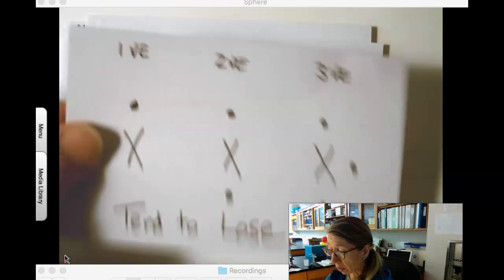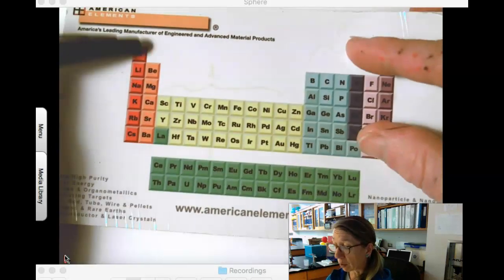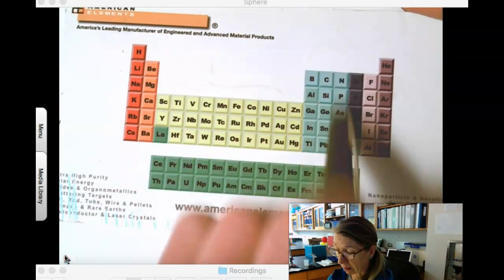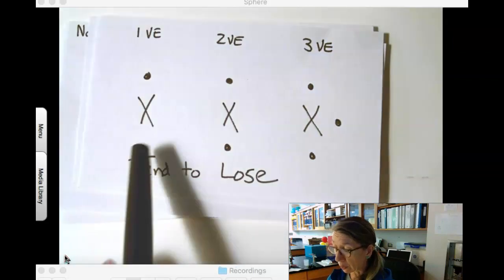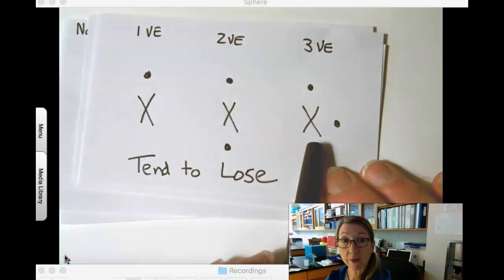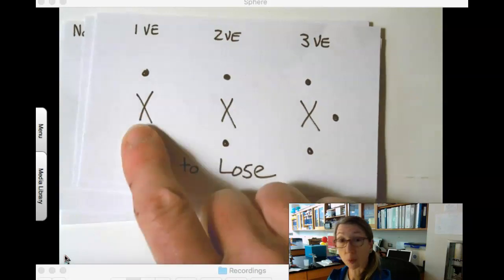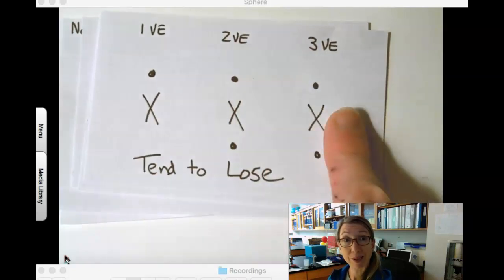And there are some patterns. We already know that everyone in a group has the same number of valence electrons. And groups with 1, 2, or 3 valence electrons tend to lose, so they would have a +1, +2, or +3 charge.